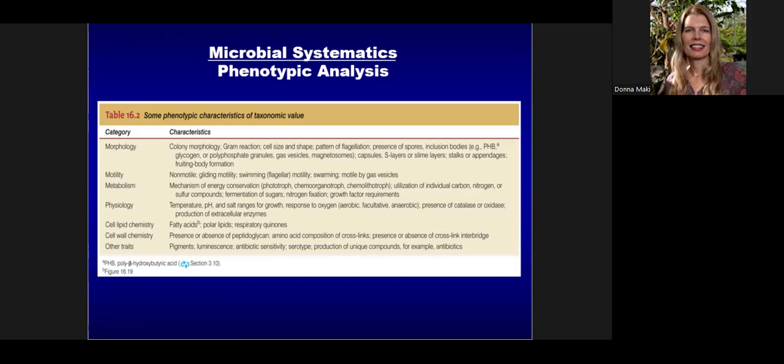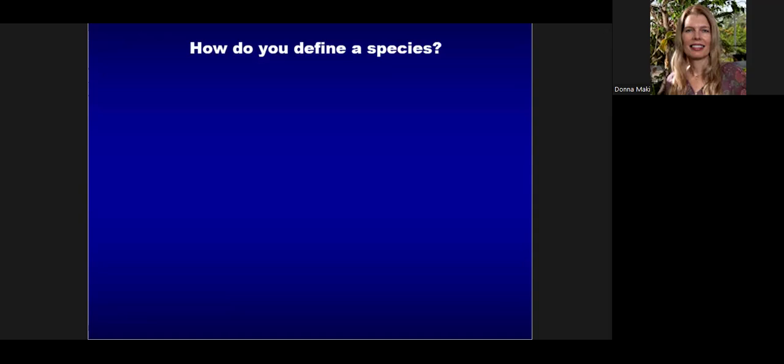But it's kind of challenging in the microbial realm because, like I said, they don't often look different from each other. When you take an evolution class, you tend to learn that a new species arises when it can't mate with an individual and produce viable offspring.